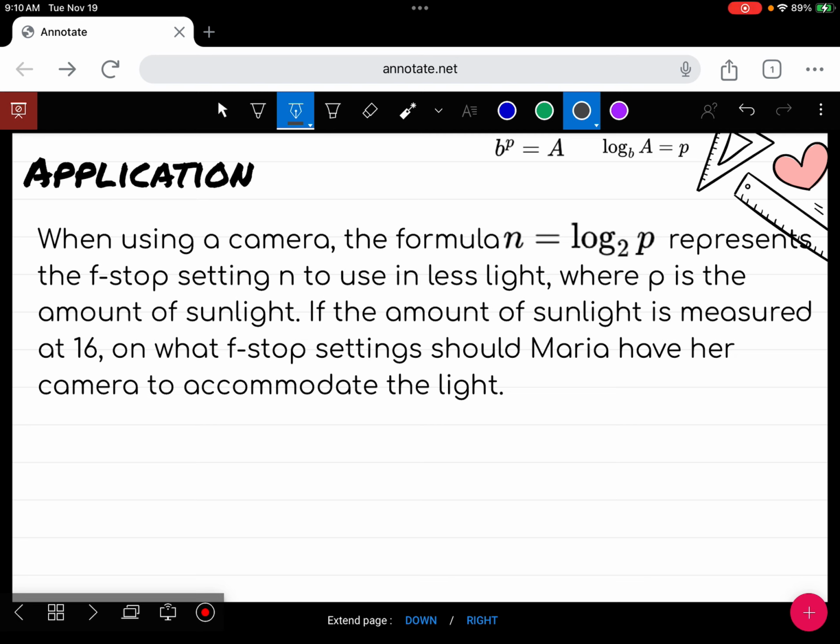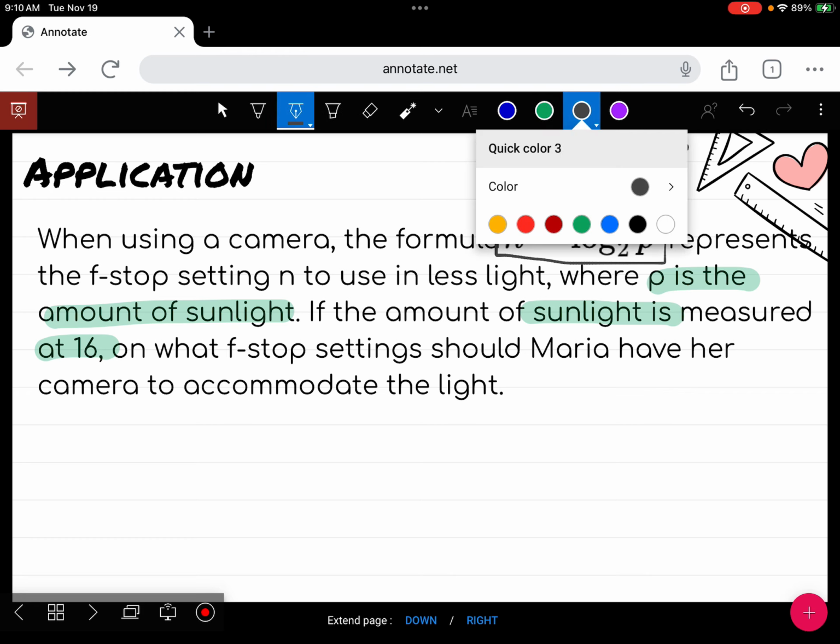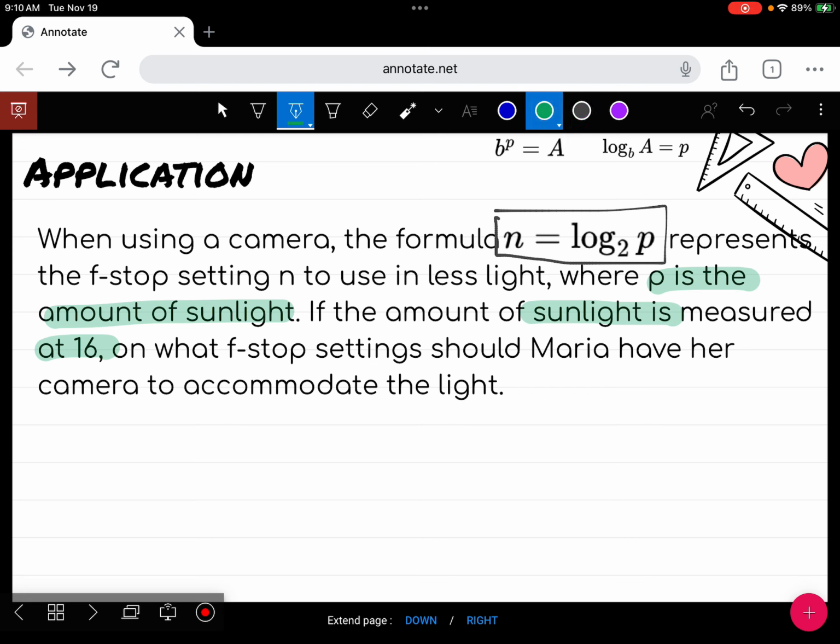What can we do? I know this formula. And the sunlight, which is P, is measured at 16. What do we do? Substitute in. I know that P is 16.